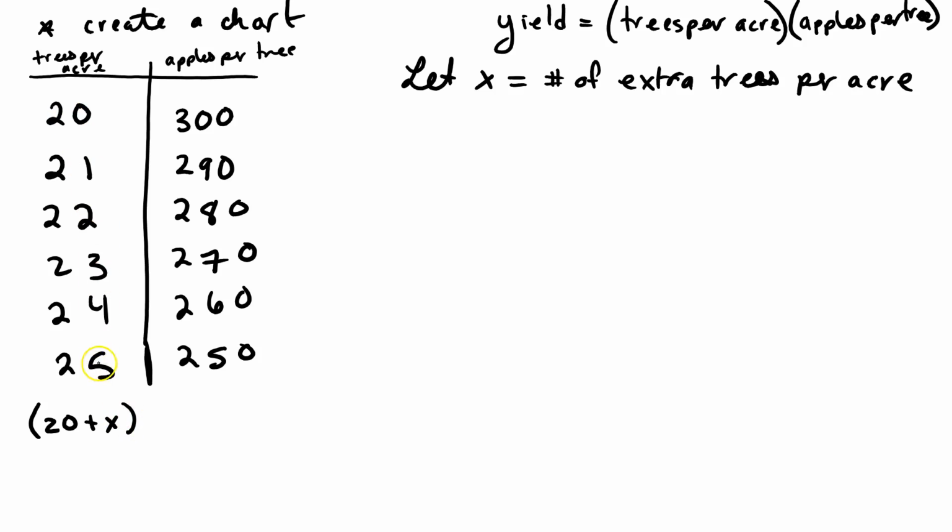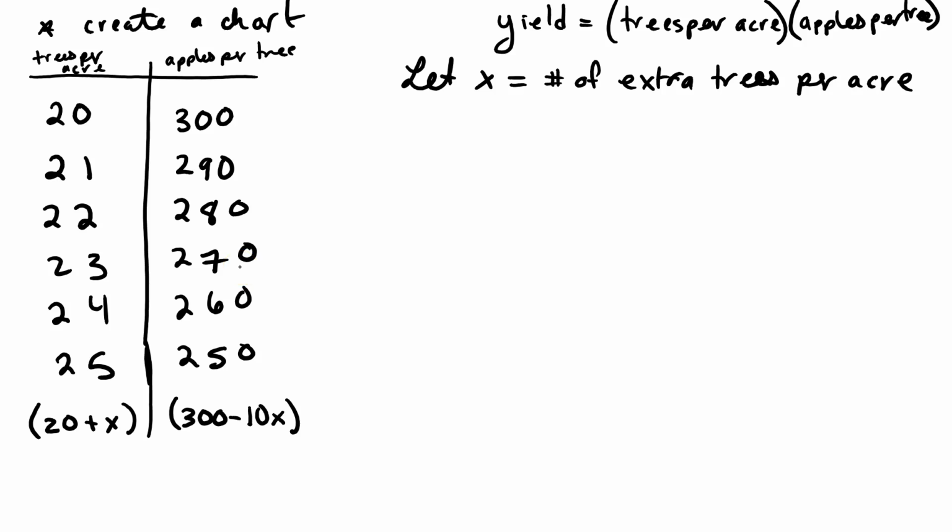So 20 plus 5 would be 25. But that means that when we were to create an expression here, we would say 300 minus 10 apples per one increase of trees per acre.